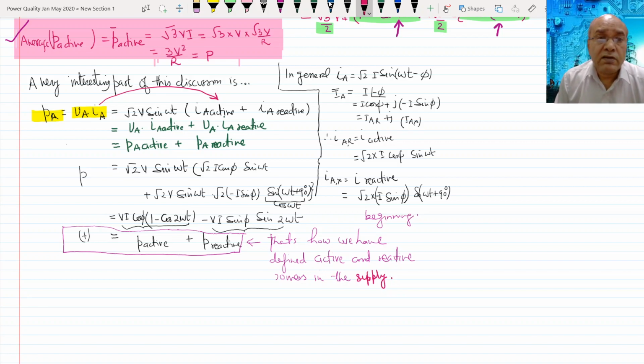So I will multiply each with the voltage. So VA into IA active, and VA into IA reactive, which become actually PA active and PA reactive. That's how we define it. When we started this course in the single phase unit, this is the first thing we defined, the active and reactive components of the power.